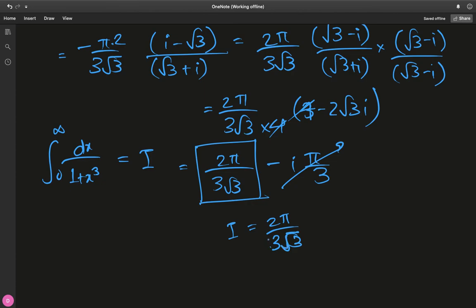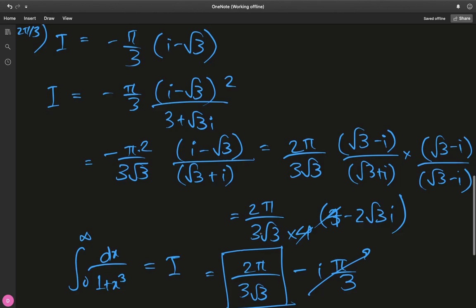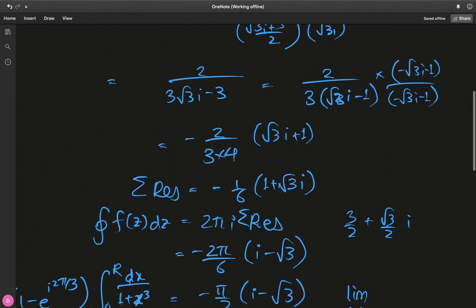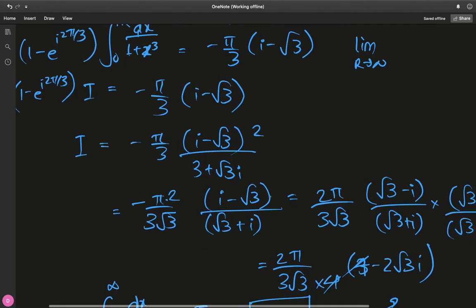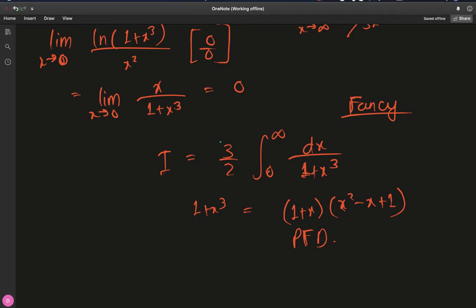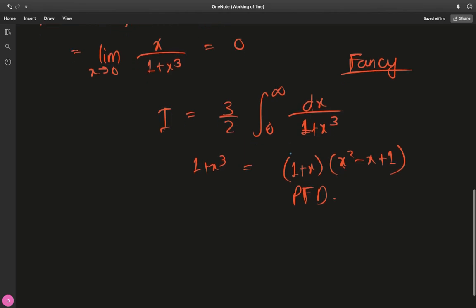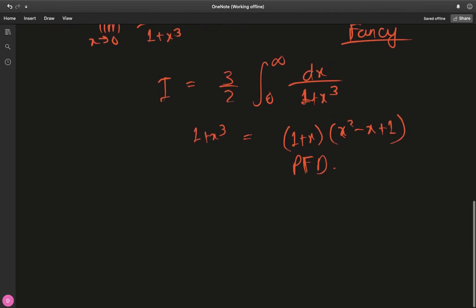But here's the catch, it's not exact, I wasn't exactly alone. I was actually 3 over 2 times whatever this thing was. And I made a mistake with the alphabets. We should have called this I1 or something.